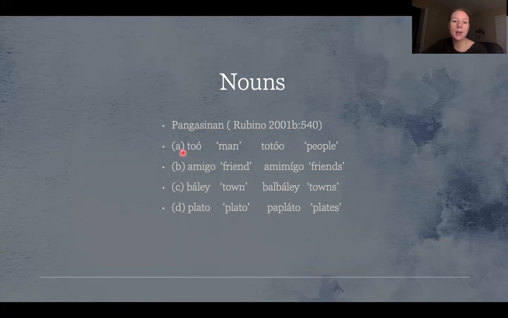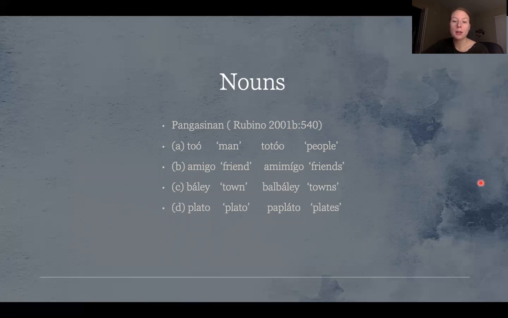So in A, we have the word for man, and then we see that partial reduplication that I was speaking about, where they take the initial consonant vowel and they add it on as a prefix word initially, and you get totoo, which is people, so plural. And then you have amigo for friend, and then you have amigos for friends.